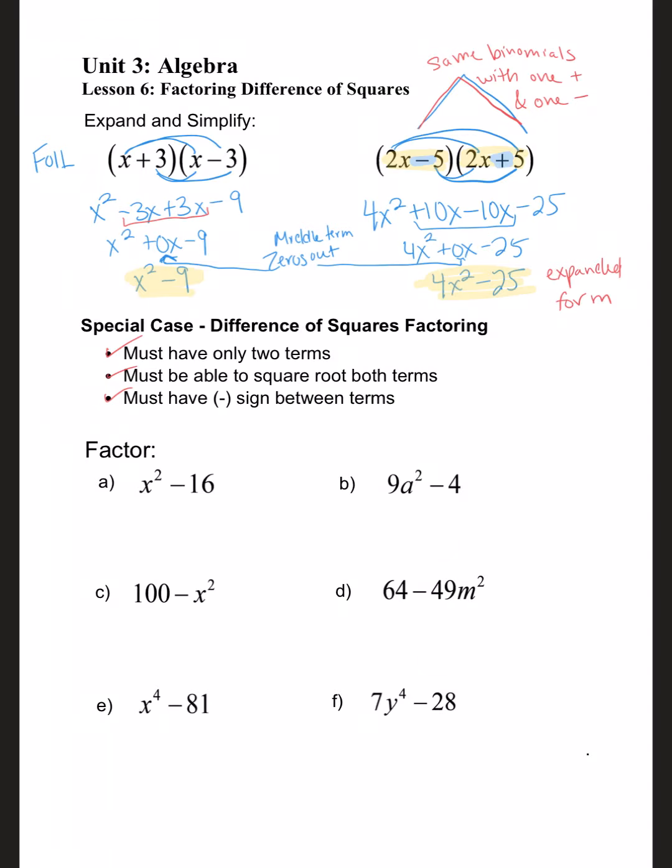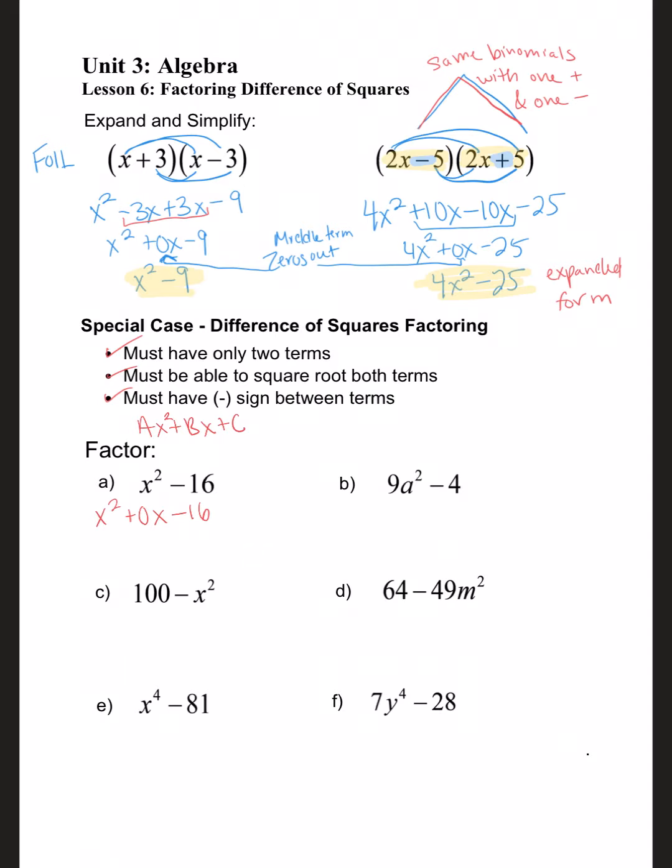So let's take a look at how we go about factoring them, okay? So we have x squared minus 16. So we have one of two options. We can still do SPF even though this looks a little bit different. So if we wanted to write it in expanded form, like it would have been seen before the middle term dropped away, it really would have looked something like this, right? We're used to seeing ax squared plus bx plus c.